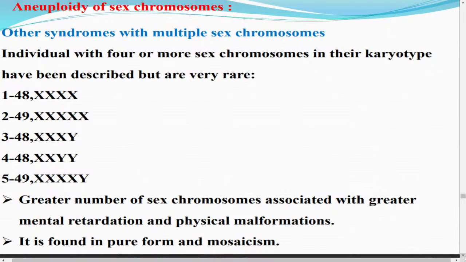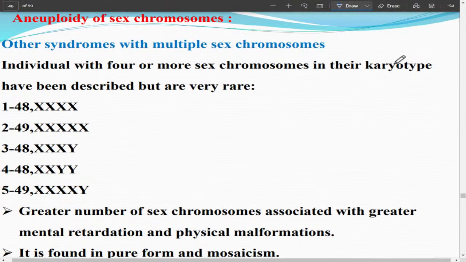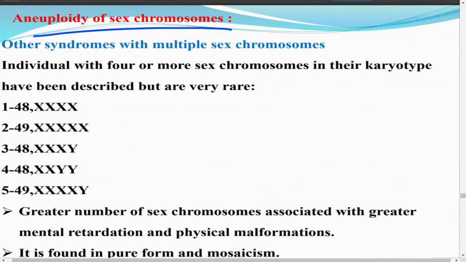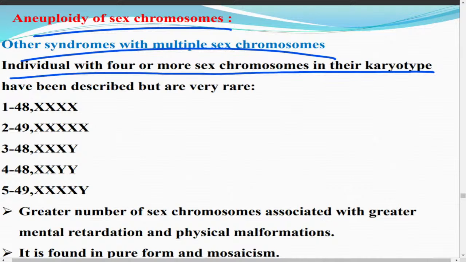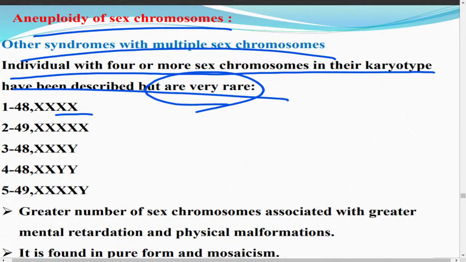Here we have the aneuploidy of sex chromosomes. Other syndromes with multiple sex chromosomes, usually four or more sex chromosomes in the karyotype, have been described, but are very rare.